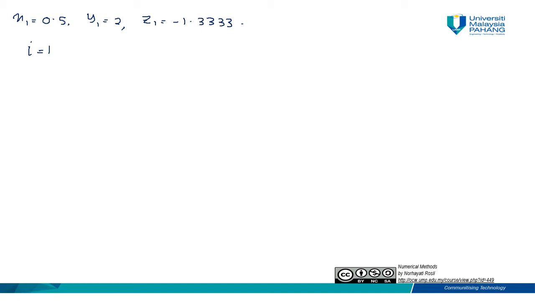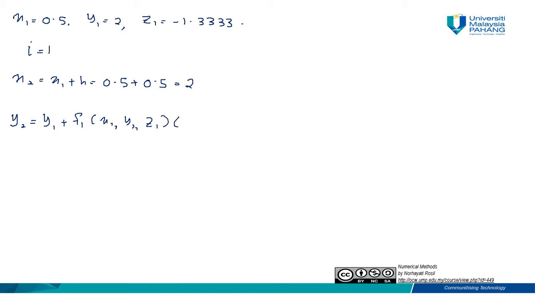When i equals 1, I will have x2 equal to x1 plus h. That means 0.5 plus 0.5 is equal to 1. And then y2 is equal to y1 plus f1(x1, y1, z1) multiplied with h.